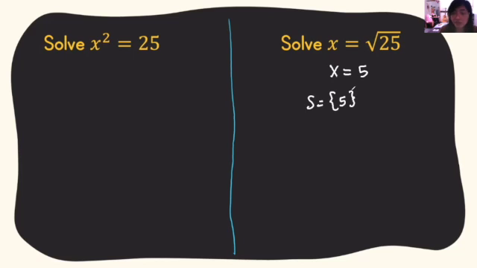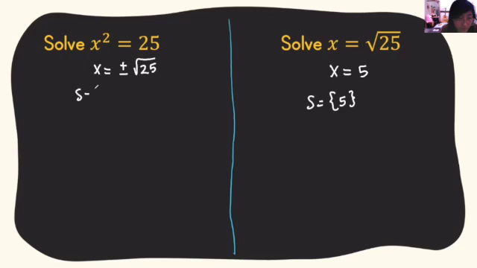What about square root of a negative number? Well, that's an imaginary number. We don't have a solution for that. Meanwhile, if we have x squared equals 25, the solution can be positive or negative square root of 25. I will have two different solutions here.